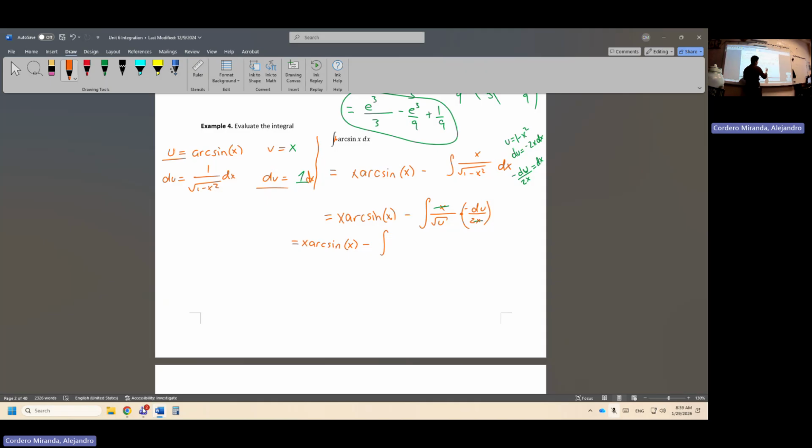Now I get, I guess I'll do it in a lot of steps, 1 over, then this was negative 1/2, so let me put negative 2 square root of u du.